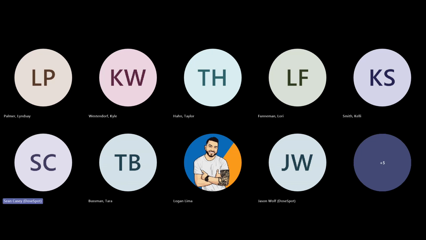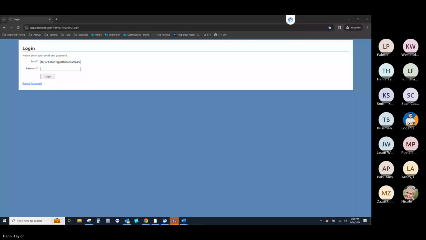And what I did for that one is I just updated that email by doing a +1. So when you're logging into the admin console, you want to make sure the username is going to appear like that. Just got the email.